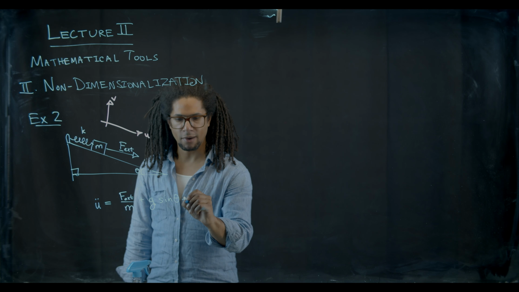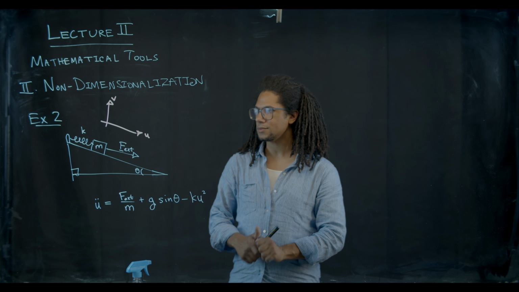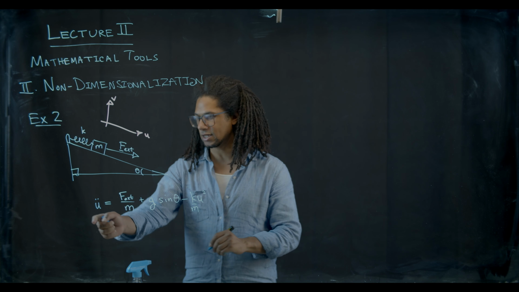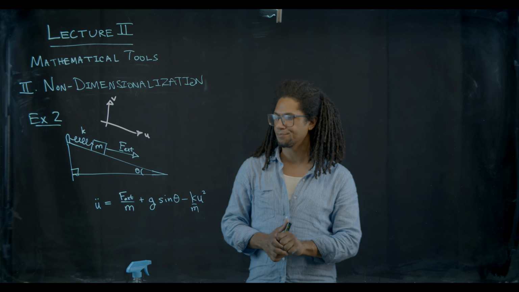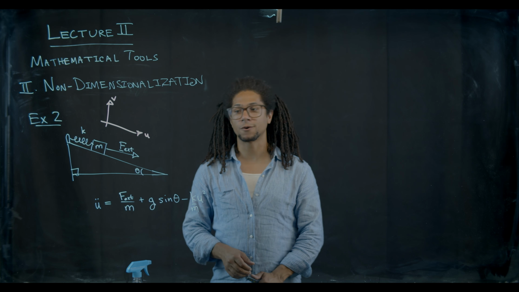And then we have minus ku squared. That's the force from the spring. And sorry about that, that's the force, but I need the acceleration because I divided by m. Wonderful. So this is the problem that we need to work out.